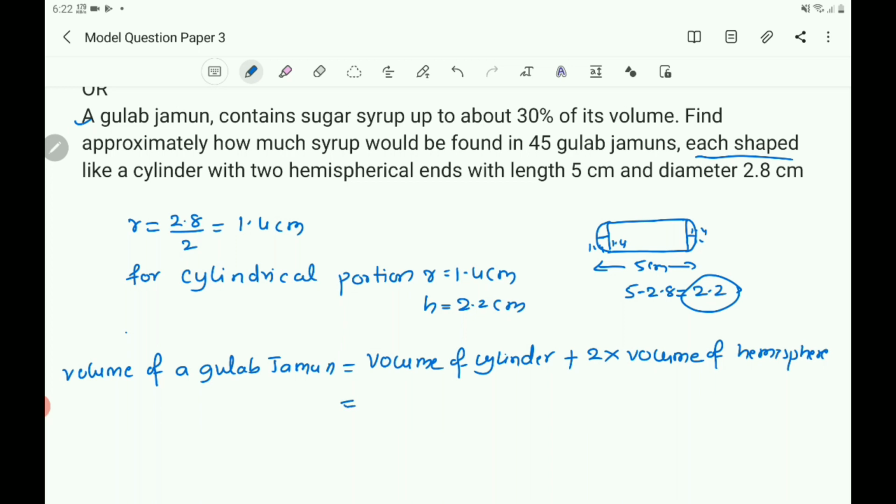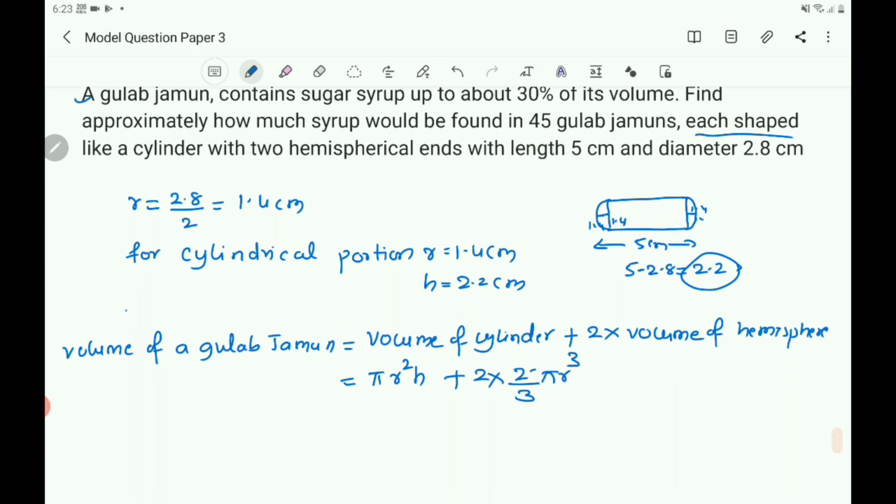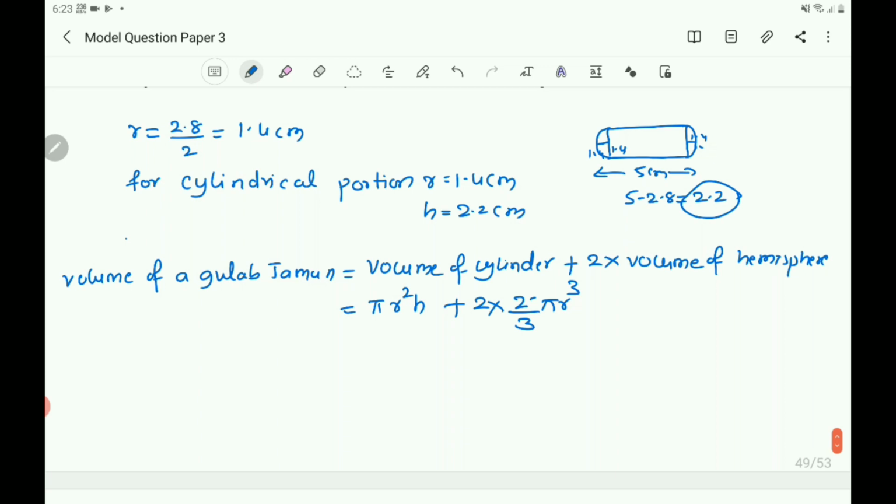Then volume of cylinder, you know, that is pi r square h, plus 2 into volume of hemisphere, that is 2 into 2 by 3 pi r cube.